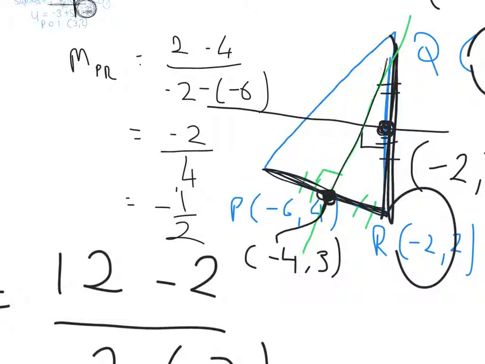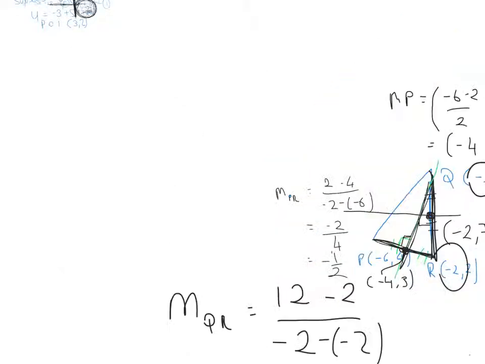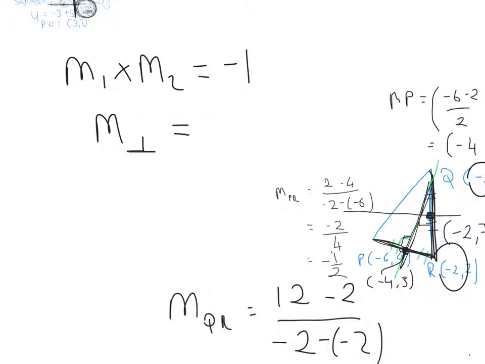To find the gradient of the perpendicular bisector, the green line, I would flip and invert. So m1 times m2 equals -1. Flip -1/2 over, and that will give me 2 over 1 by changing the sign.